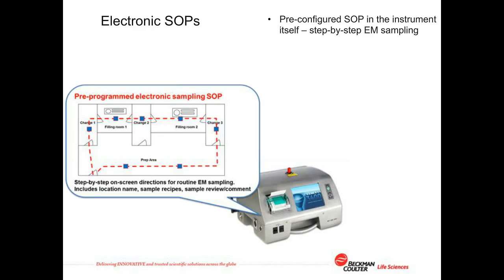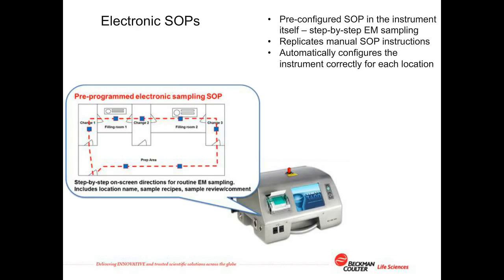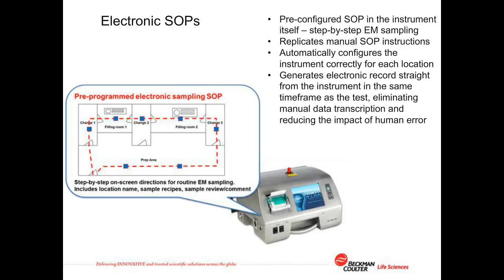So you're no longer relying on a paper-based record for the SOP. It'll replicate exactly what the manual SOP tells the operator to do. And when the operator selects that SOP from the MET1, it'll automatically configure the instrument correctly for each and every location according to what the SOP said.